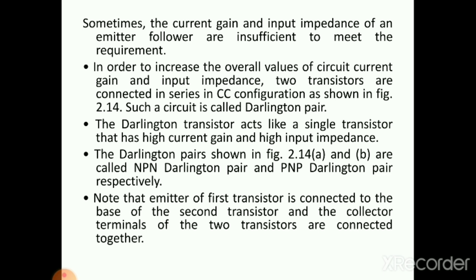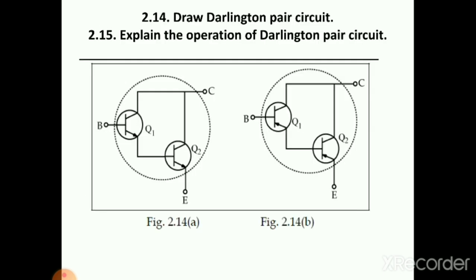The Darlington transistor acts like a single transistor that has high current gain and high input impedance. That's why it's represented as a single transistor. See the dotted lines, we have only 3 terminals. There are 2 transistors but 3 terminals: base, collector and emitter.